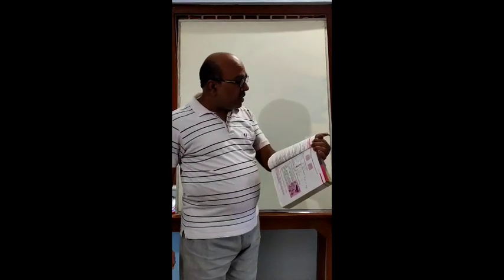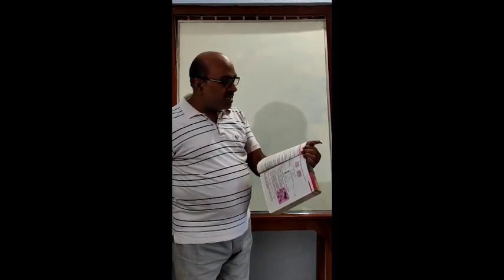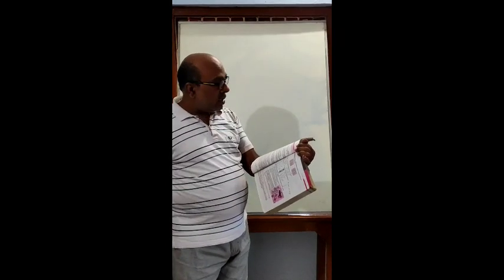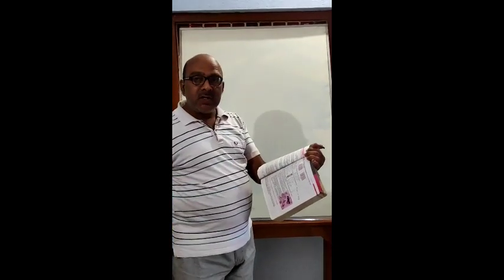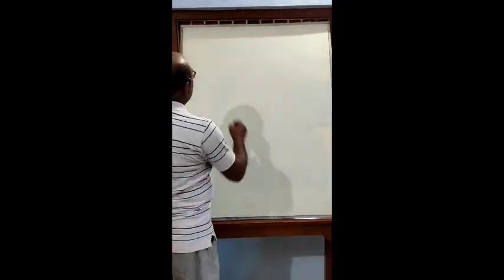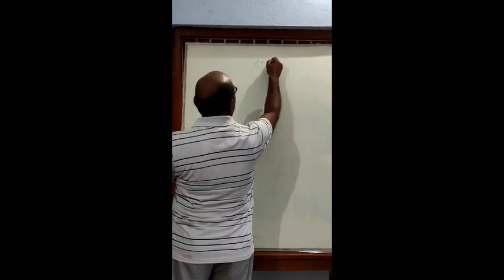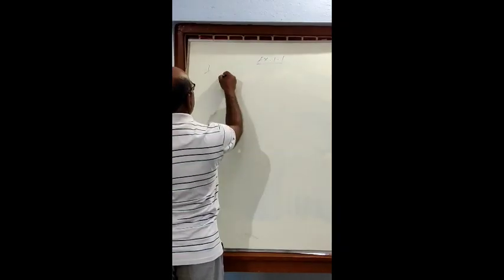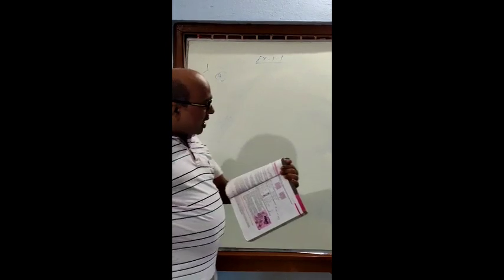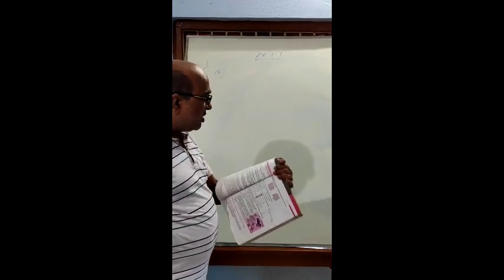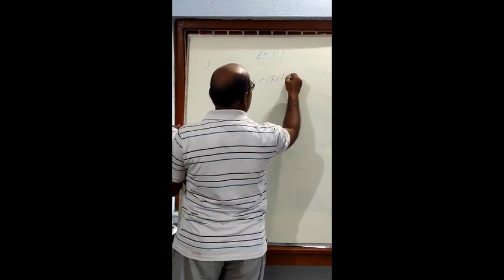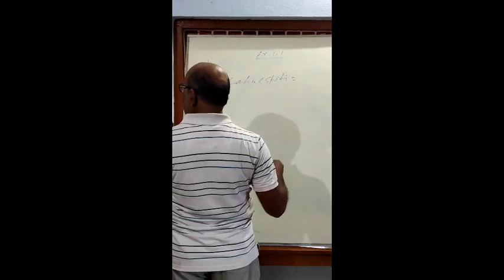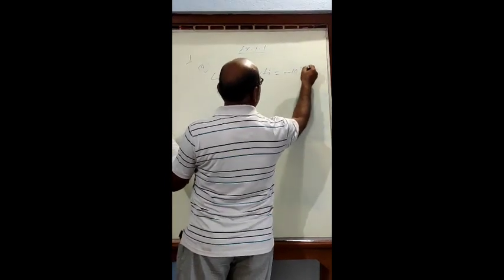In question number 1, temperatures of different cities are given on the number line. In part A, you have to observe the number line and write the temperatures of the different cities. In Exercise 1.1, question 1A, on the number line we see that the temperature of Lahul Spiti is minus 8 degrees Celsius.